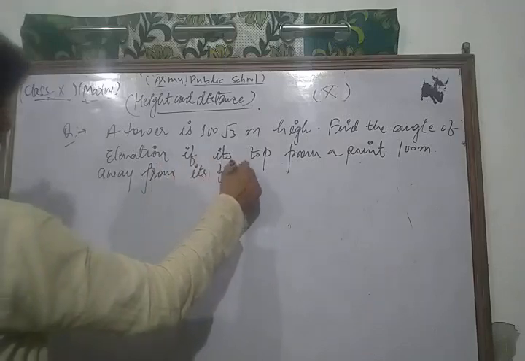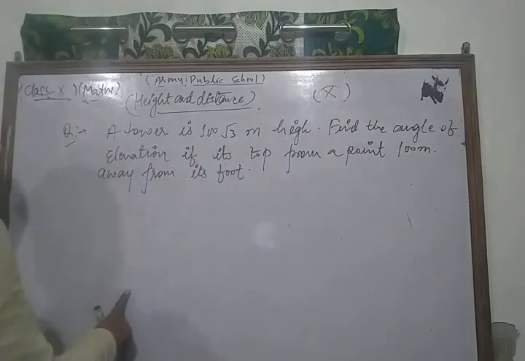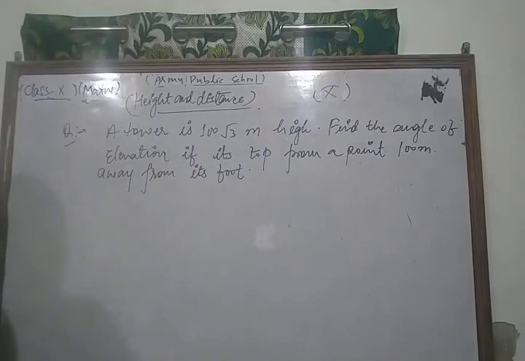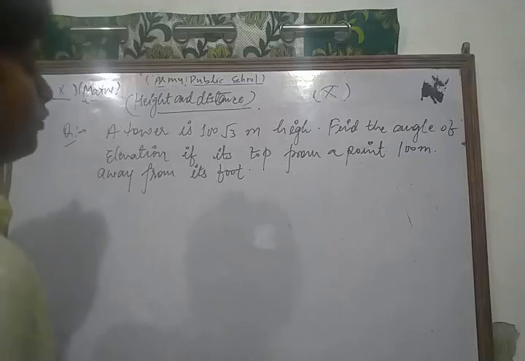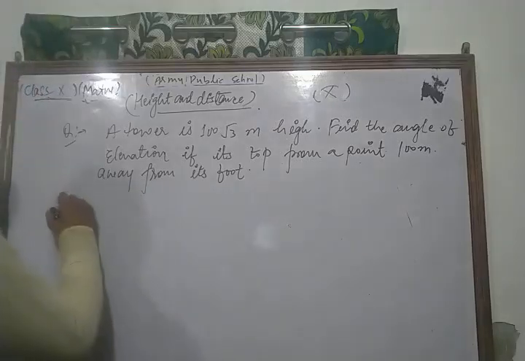A tower is 100 root 3 meters high. Find the angle of elevation if it is seen from a point 100 meters away from its foot. Now let's see its solution.